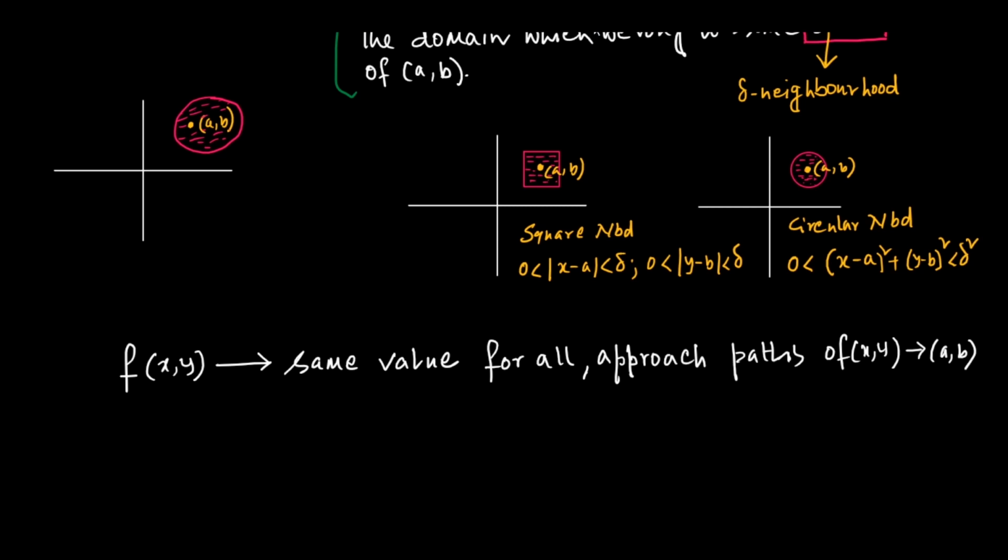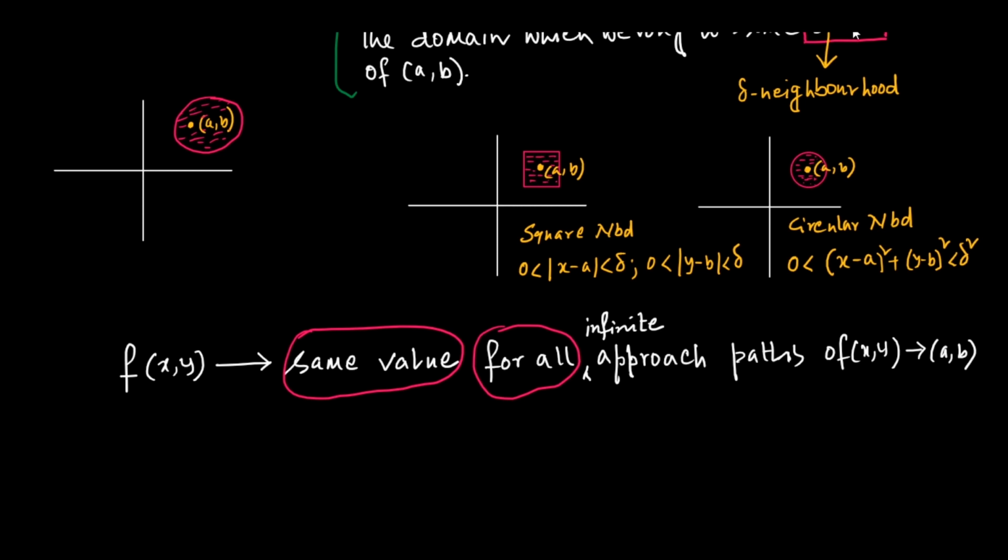Now, for all means for all infinite number of approach paths. We need to keep in mind the number of approach paths are infinite. Two things are very important: f(x,y) should approach the same value, and this for all. These quantifiers are very important. f(x,y) should approach the same value for all infinite approach paths of xy to AB.